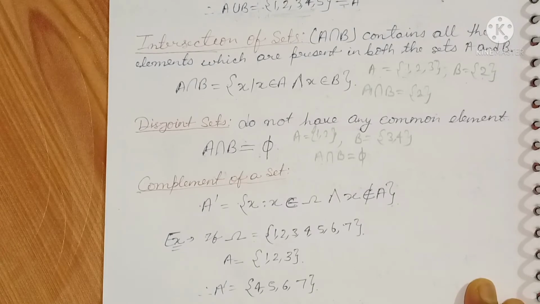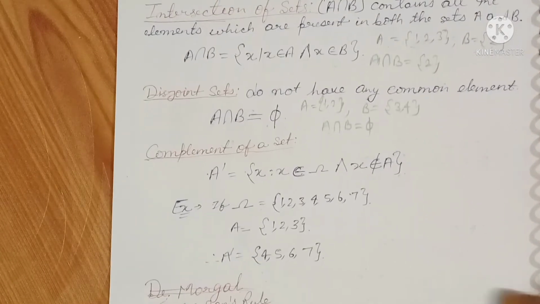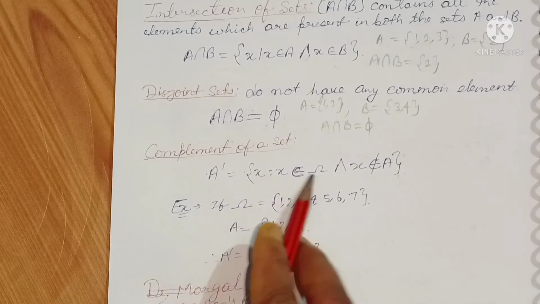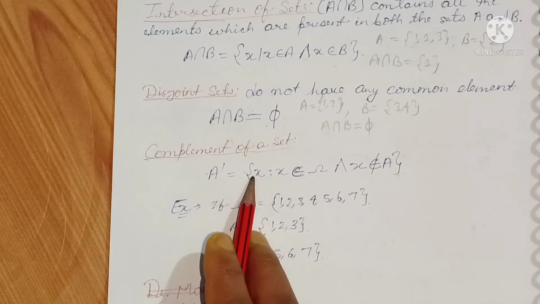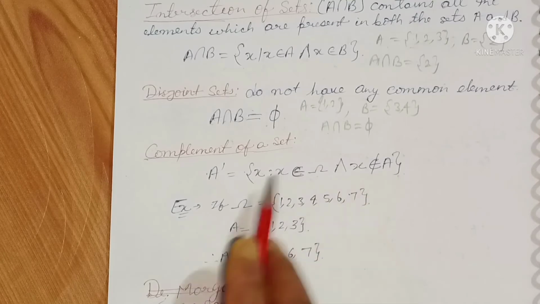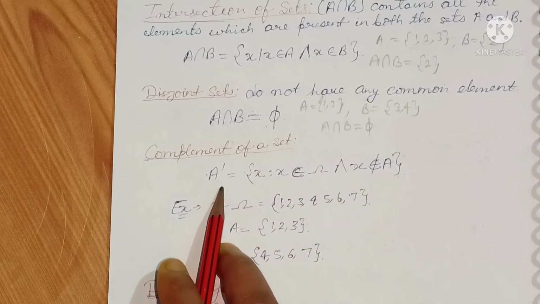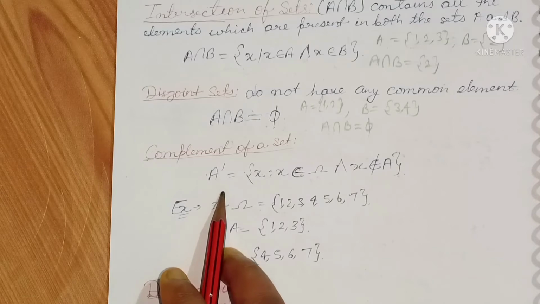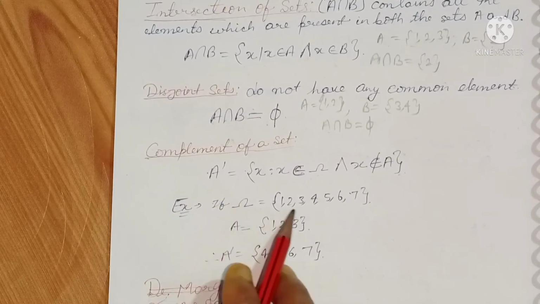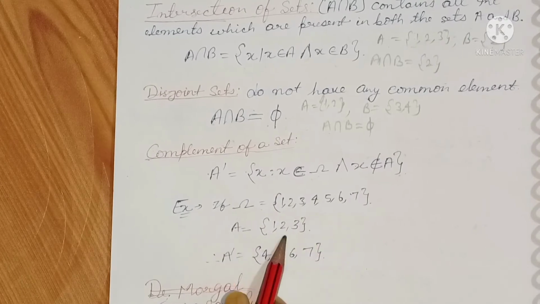Then the complement of a set. Here x is an element, x belongs to the universal set, and x does not belong to A. It means the complement of A is all elements which are present in the universal set and which are not in set A. For example, the universal set omega is shown like this, and A is given this.